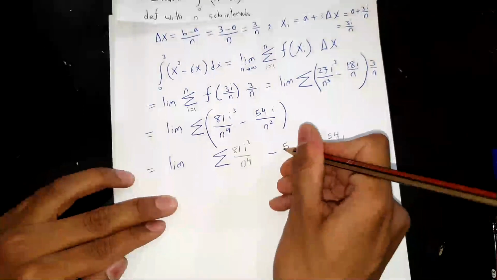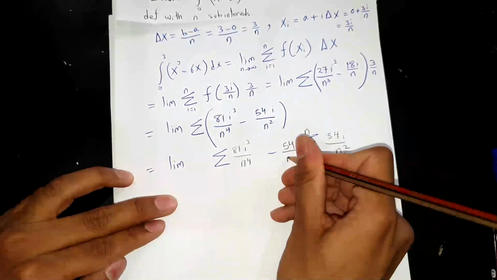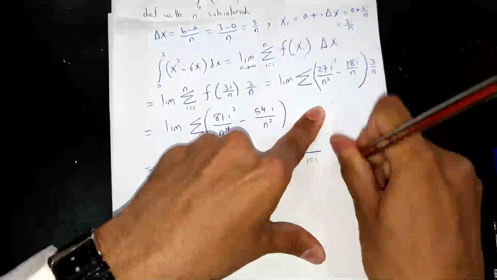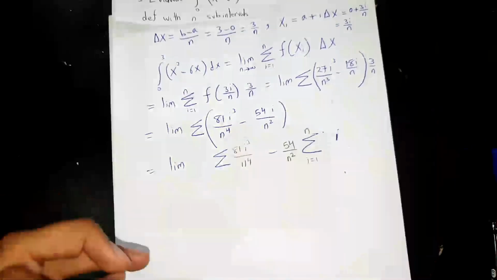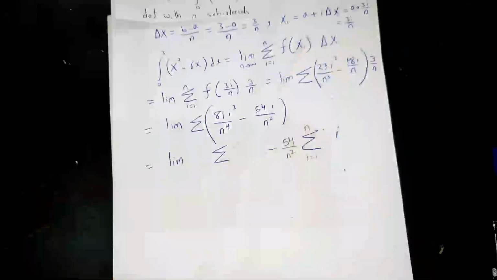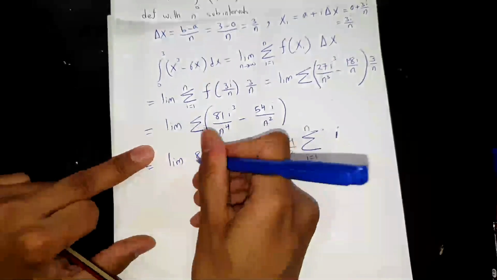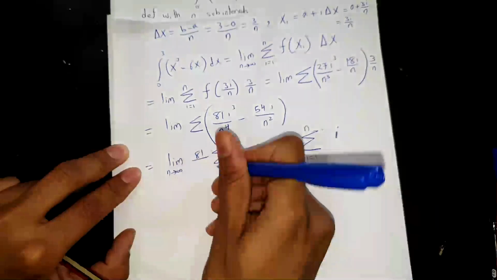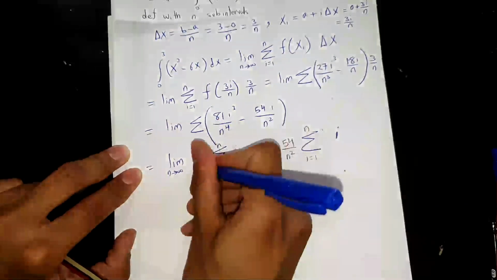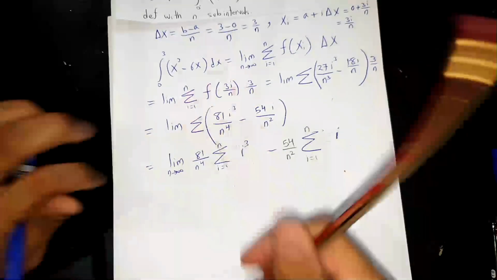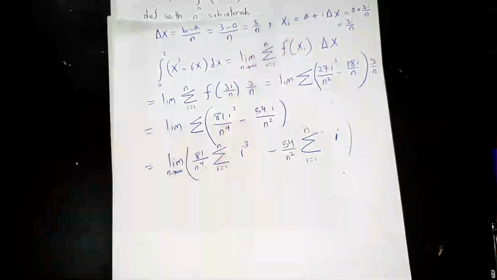So allow me to take this 54 and this n squared outside the summation. So we are left with i here. And similarly here, let us take 81 over n to the power 4 outside the summation, but not outside the limit. Be careful, because the limit depends on n. And this is n to the power 4 and this is i cubed. That's it. We are done with the question.